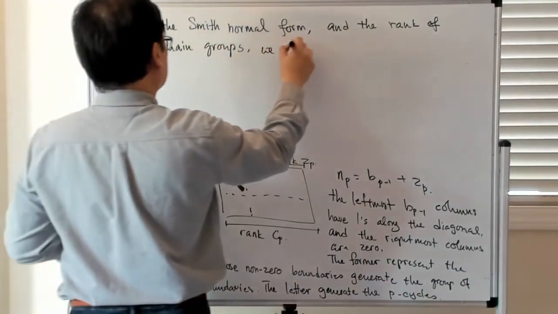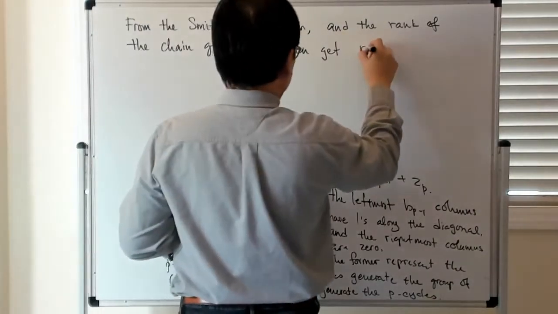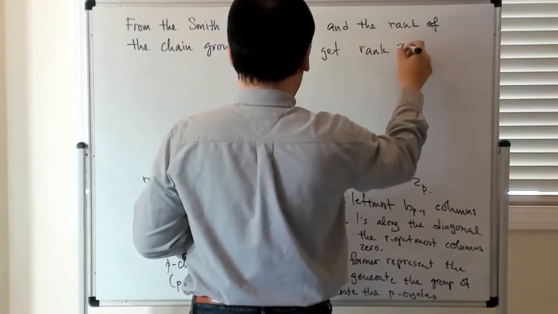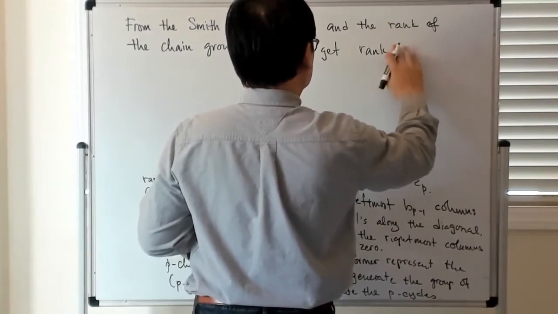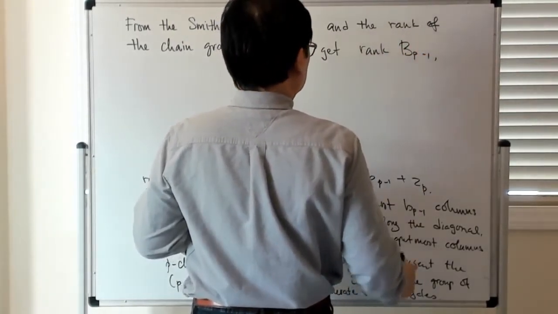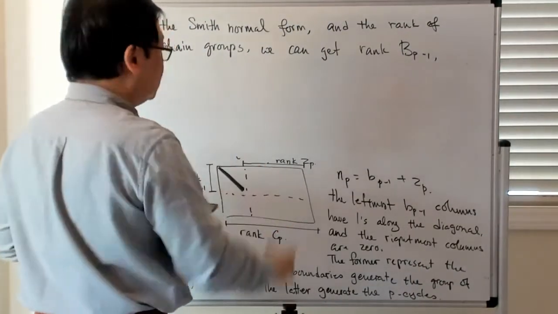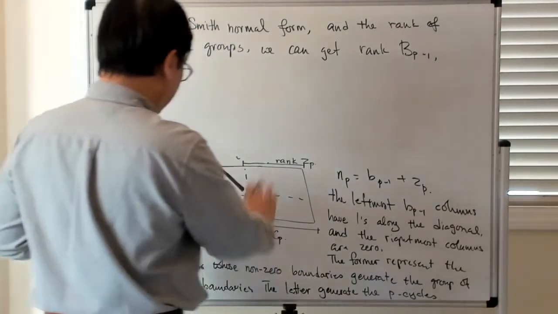We can get the rank of BP minus 1. Well, actually, you need to combine information from multiple boundary matrices, right?